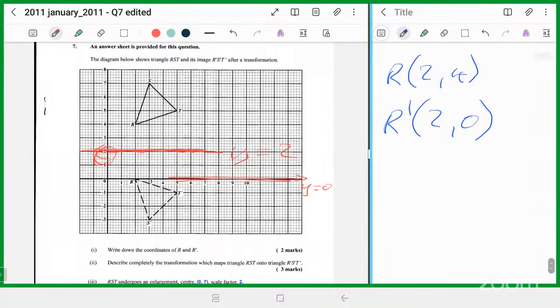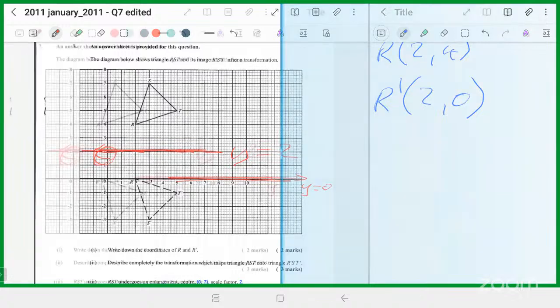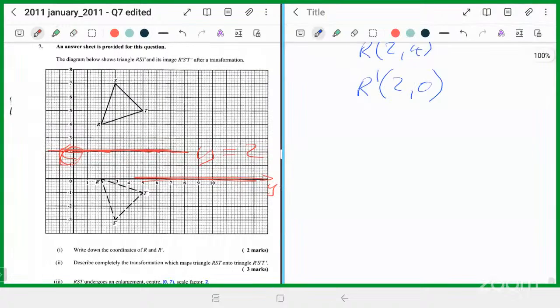So the object is mapped onto the image by a reflection in the line y equals 2. For part 2, we're going to say this: RST is mapped onto R prime, S prime, T prime by a reflection in the line y equals 2. Reflection only has one component, which is the mirror line.